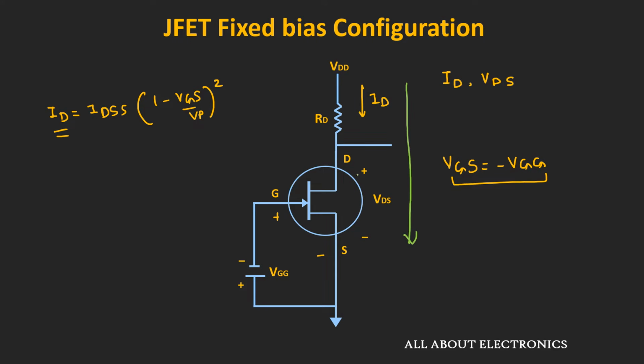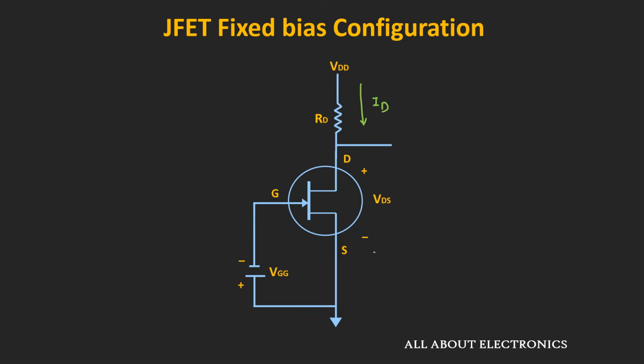So let's apply the KVL in the outer loop and let us find out the expression for this voltage VDS. So for the given circuit, let's say due to this drain current ID, the voltage drop across this resistor RD is equal to VRD. And the voltage drop between this drain and the source terminal is equal to VDS.